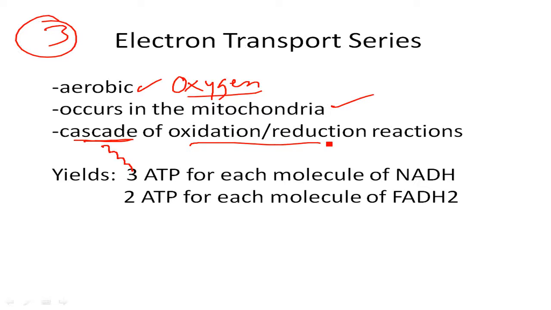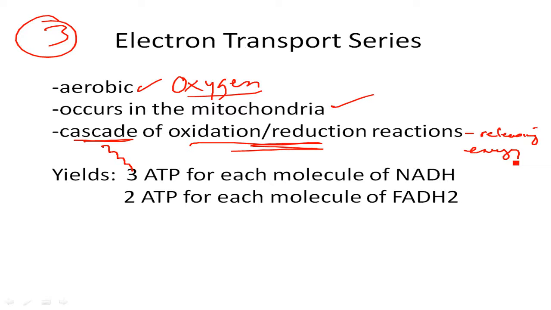Basically, in oxidation reduction reactions, it's just where you're transferring electrons from one molecule to another. And I don't want you to get hung up on it, but just know that when you're transferring electrons, you're transferring energy and you're releasing that energy. So those oxidation reduction reactions are going to be releasing energy, and that's why they're important.